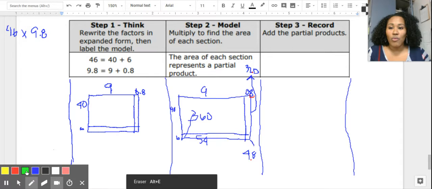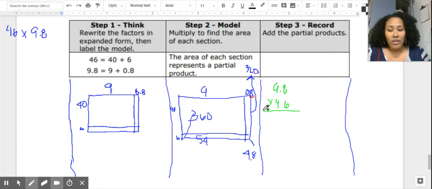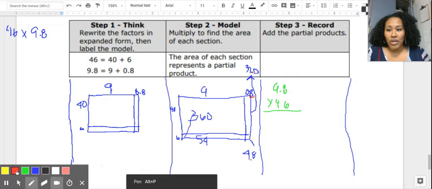All right, so now when we get to this section over here is record and add. We're going to put all our partial products together. So I have 9.8 times 46. And I'm going to put my partial products together here. So I had 360.